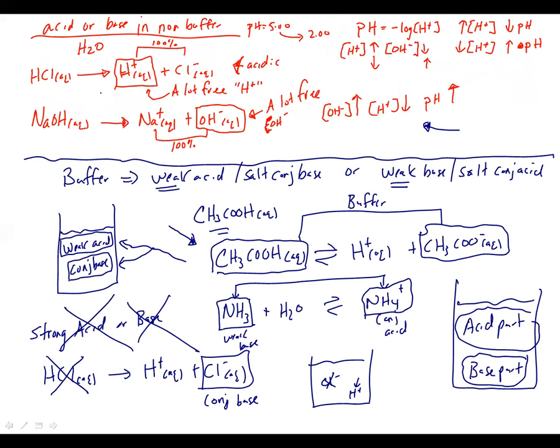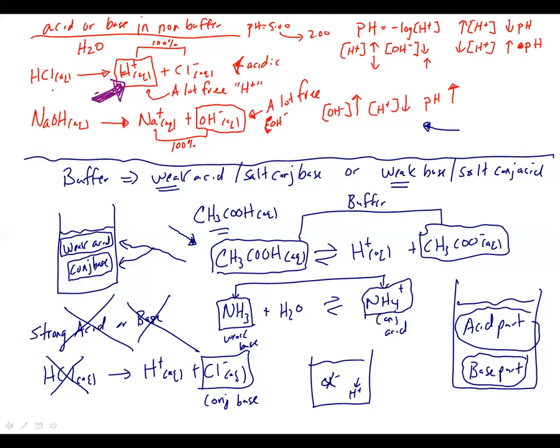When we added HCl to water, we generated a whole bunch of free H plus. And it really is that generation of the free H plus that is going to make the pH jump a lot, because you just introduced a lot of free H plus into that solution. As the H plus concentration goes up, as we talked about, the pH should go down.